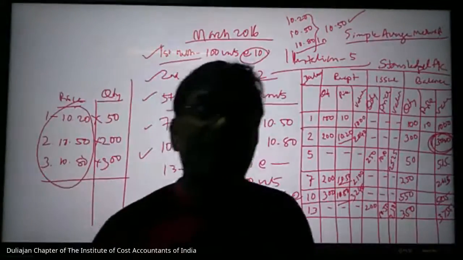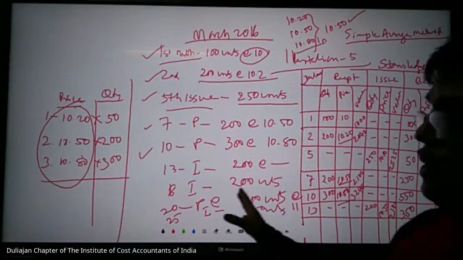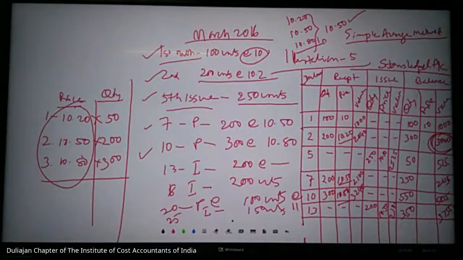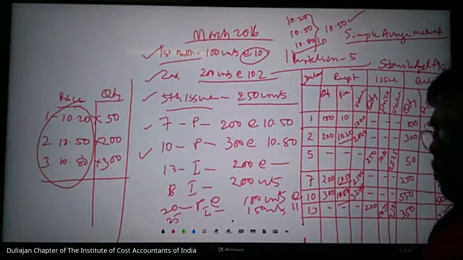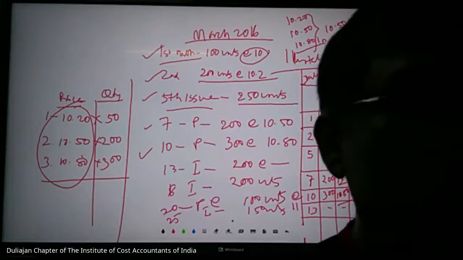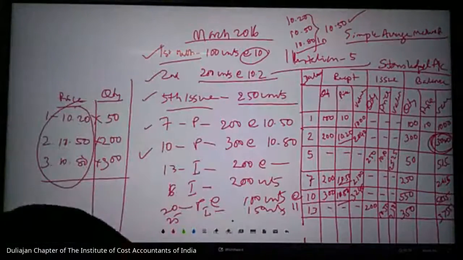You can practice some problems in FIFO, LIFO, and this, because these problems, it is better you practice. You know the concepts, illustrations, you practice. If not, we will do in the classroom. I am not going to do because already it is there in your books. Just practice. I will move on to some new concepts.